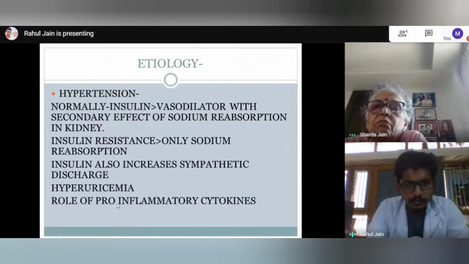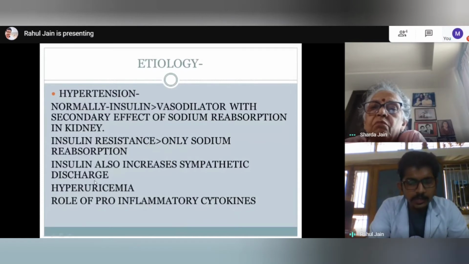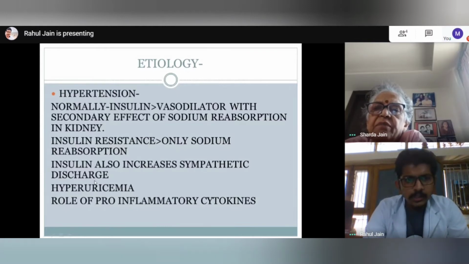Then the role of pro-inflammatory cytokines is also very important. So I hope how metabolic syndrome is associated with hypertension and insulin resistance is clear here a bit. Yes.